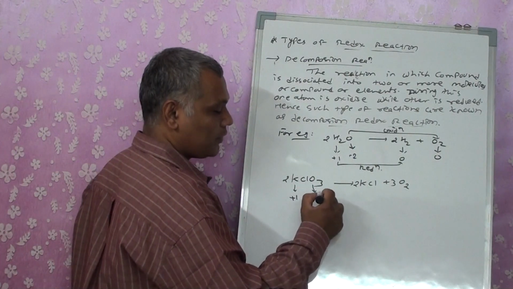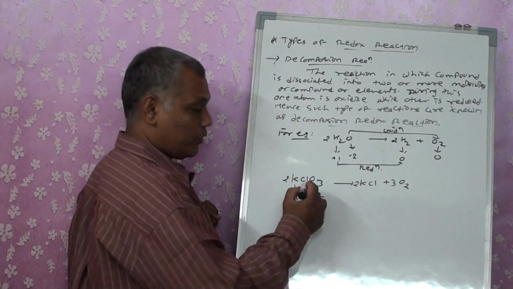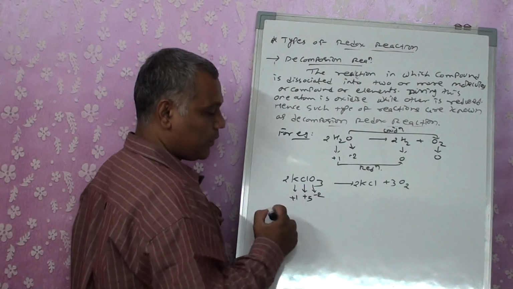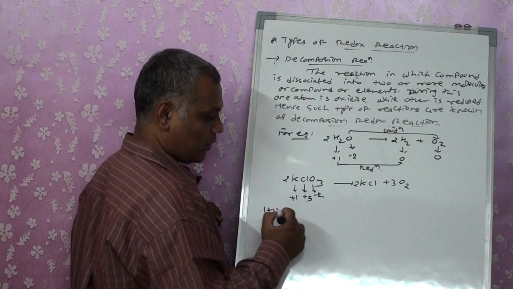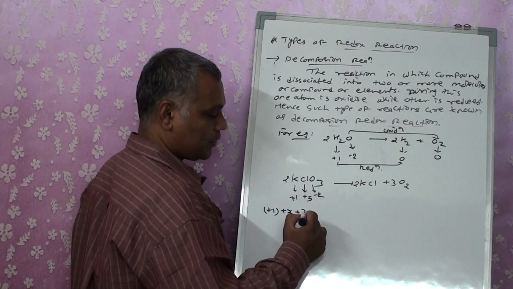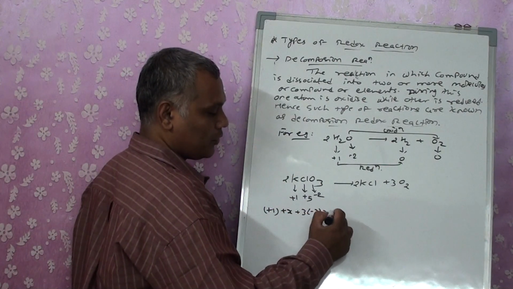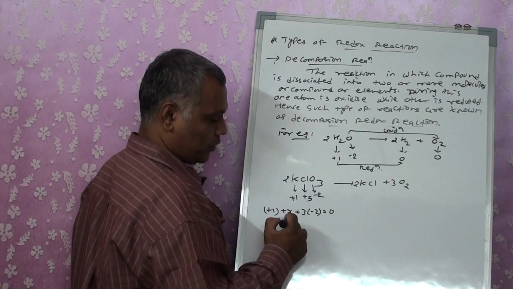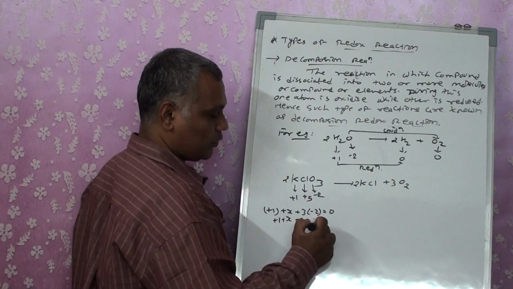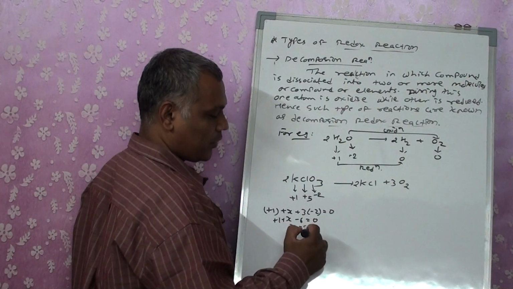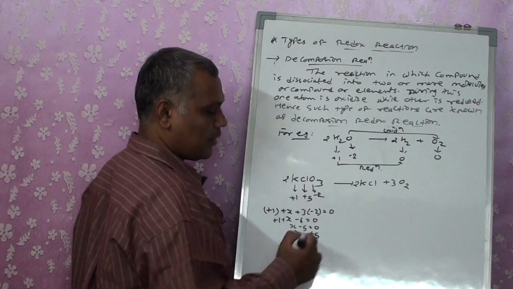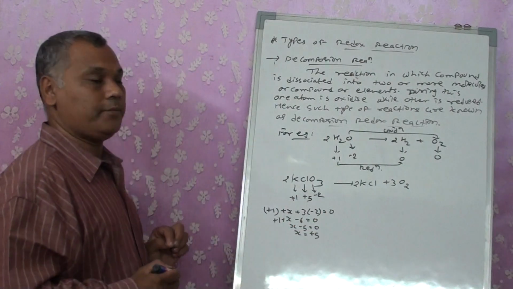Oxygen is always minus 2. So for Cl, plus 1 plus x plus 3 into minus 2 equals 0, so x minus 5 equals 0, and x is plus 5 for Cl.